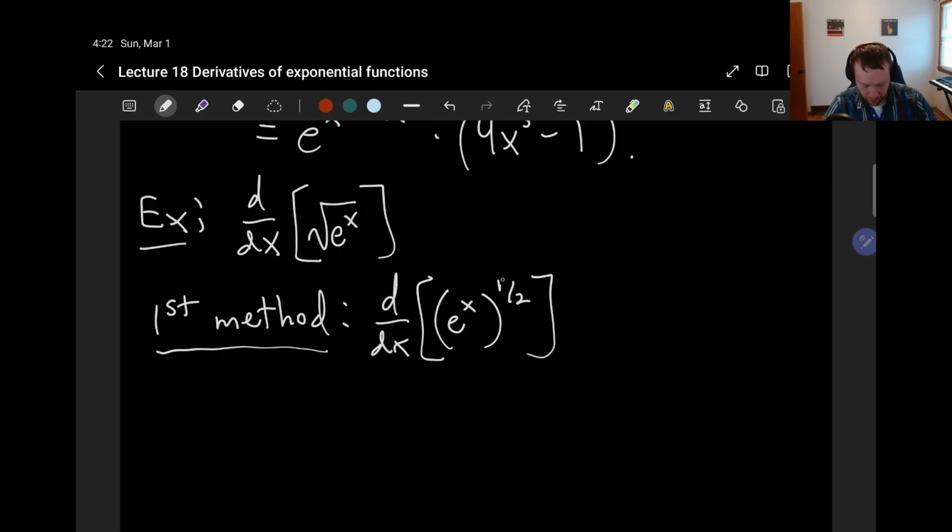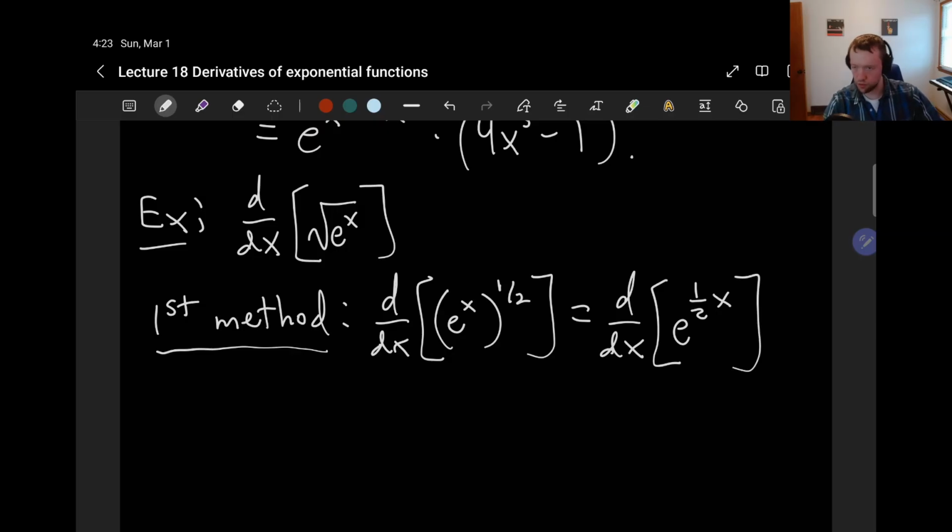And this is convenient because I can use exponent rules. When I have a power to a power, you multiply those powers. So I haven't even taken the derivative yet. I'm just rewriting that expression. So multiplying x and 1/2. This is just the derivative of e to the 1/2 x.